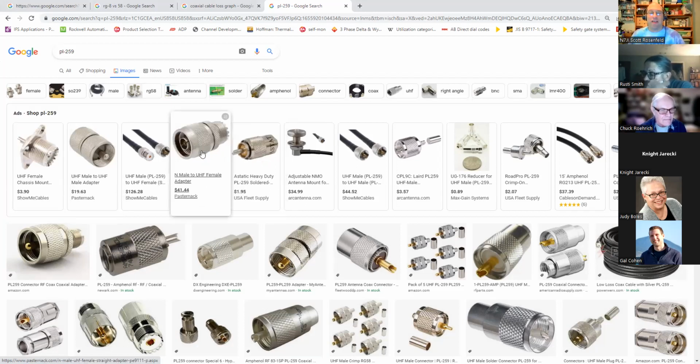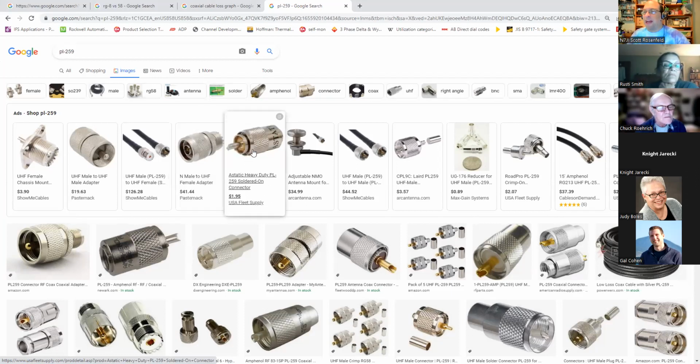And notice this says N male to UHF female. This is an N on the left-hand side of it. Can everybody see that? It has like a double shield. On the other side is just an SO239. Very, very bad connector for UHF, even though sometimes they're called UHF. Technically, it stands for universal high frequency, not ultra high frequency.